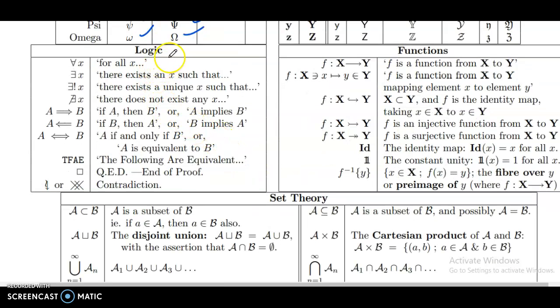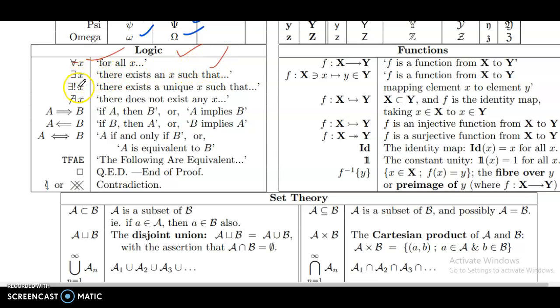In logic, this symbol means for all x, that is an inverted V. Here the mirror image of E means there exists an x such that.